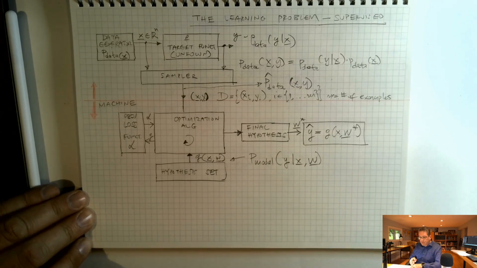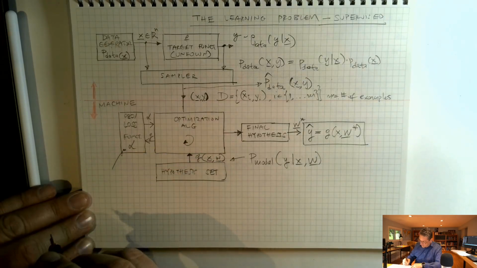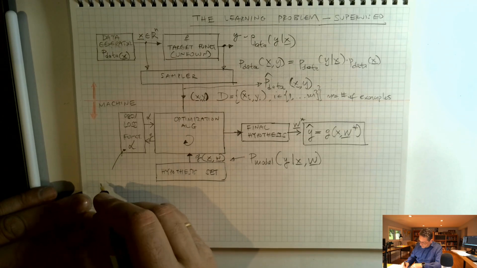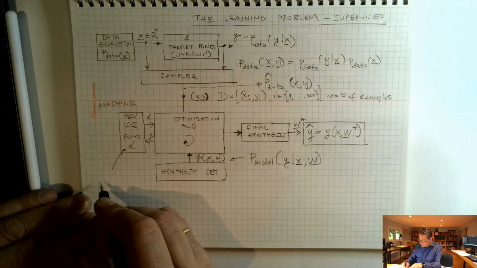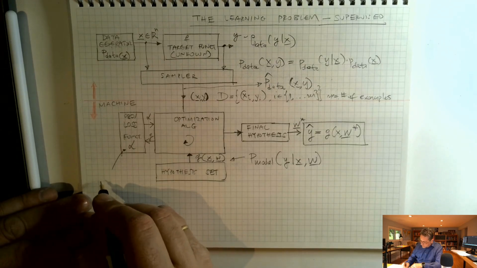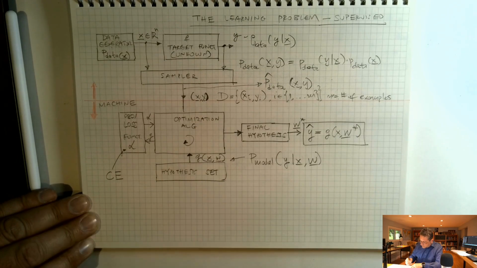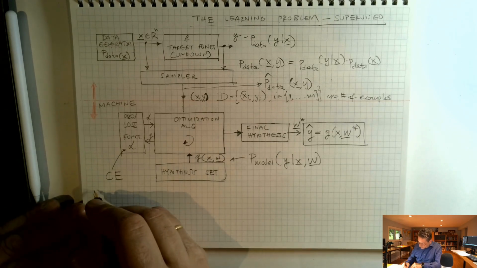And if you remember, we introduced the equivalent function that we called KL divergence or relative entropy in an earlier video. So we will now start calling this cross entropy, and we'll symbolize it with capital C, capital E, cross entropy.